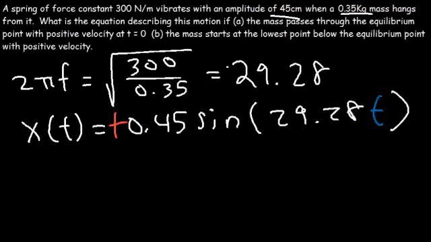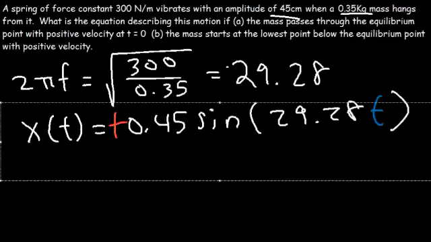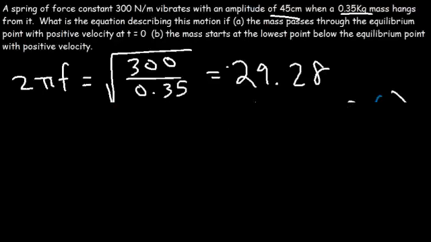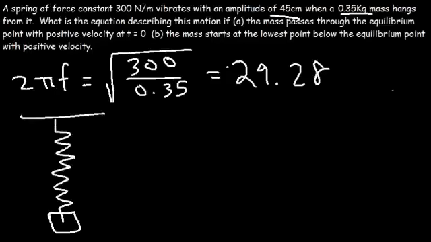Now, what about the second part of the question? What if the mass starts at the lowest point below the equilibrium point? So let's say this is the equilibrium point. If it starts below it, it has no choice but to go up. It can't go down if it's at the lowest point. So it has to be moving up with positive velocity.